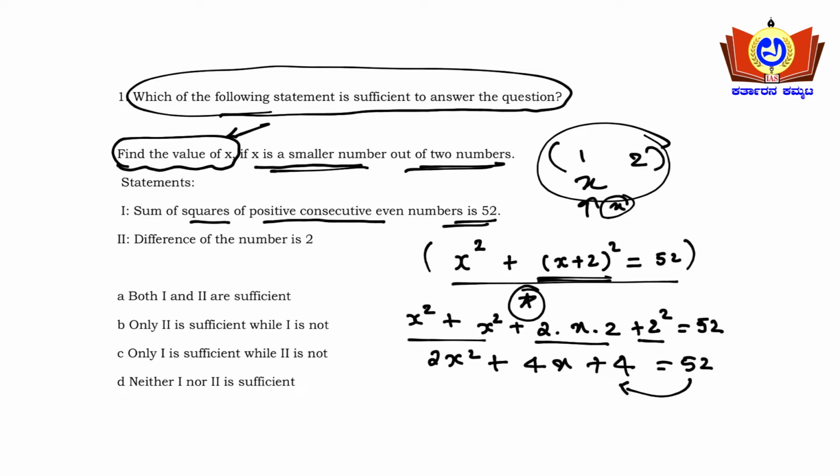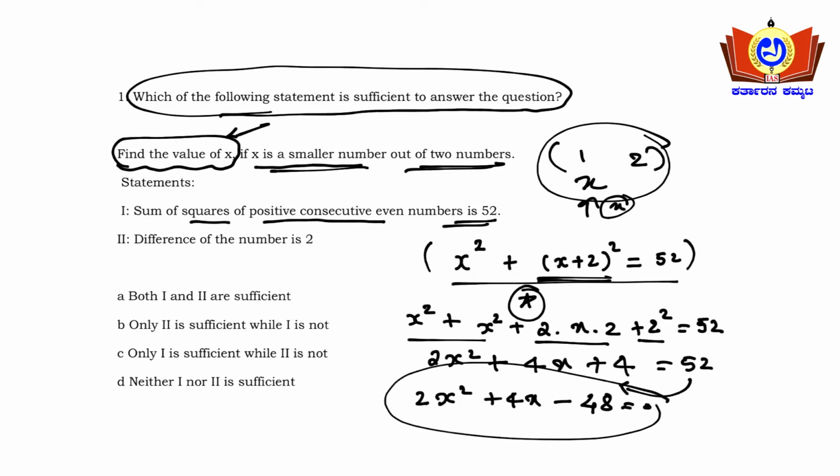When you get this, 2x square plus 4x minus 48 equals 0, since 52 minus 4 is 48. So it is a quadratic equation and you can solve for x. If you solve for the x, the value will be x equals 2.